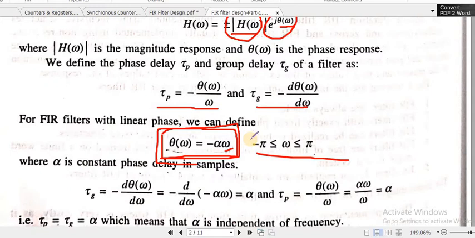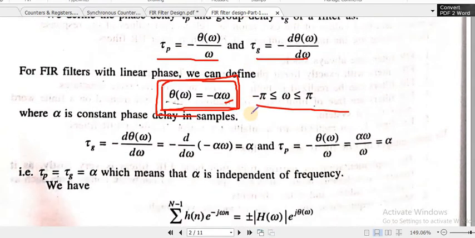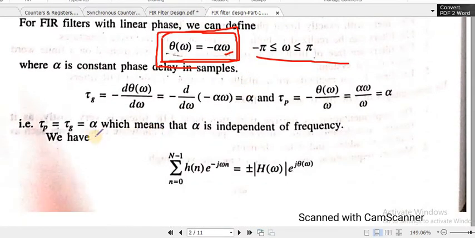If the phase response is linear, as we discussed a little bit earlier, the phase delay and group delay will be constant. So if they are constant, it means it is alpha.